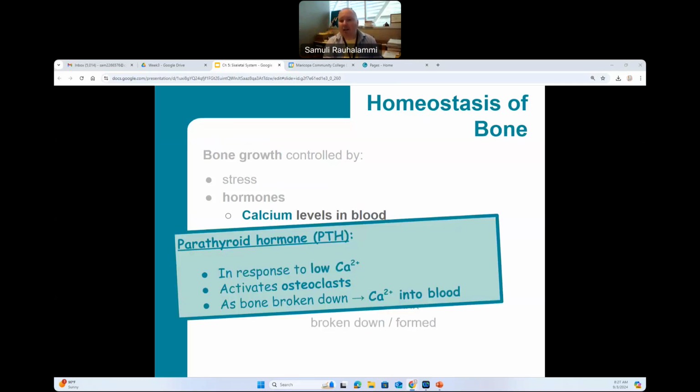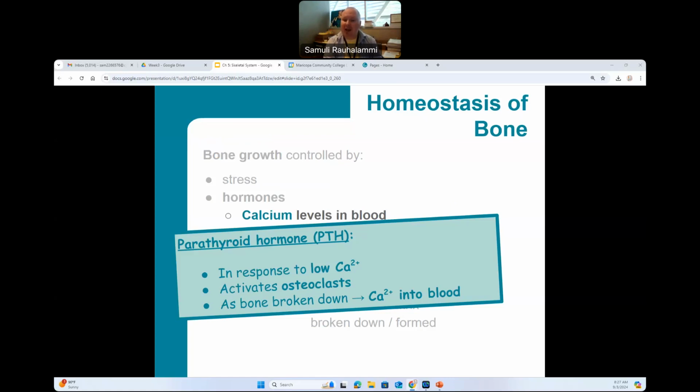I wanted to talk a little bit about the calcium ion regulation, since that's so important. And this is where parathyroid hormone, often abbreviated as PTH, comes into play. So parathyroid hormone is released when calcium ion levels in blood are low. And this hormone activates osteoclasts, those bone-breaking cells.